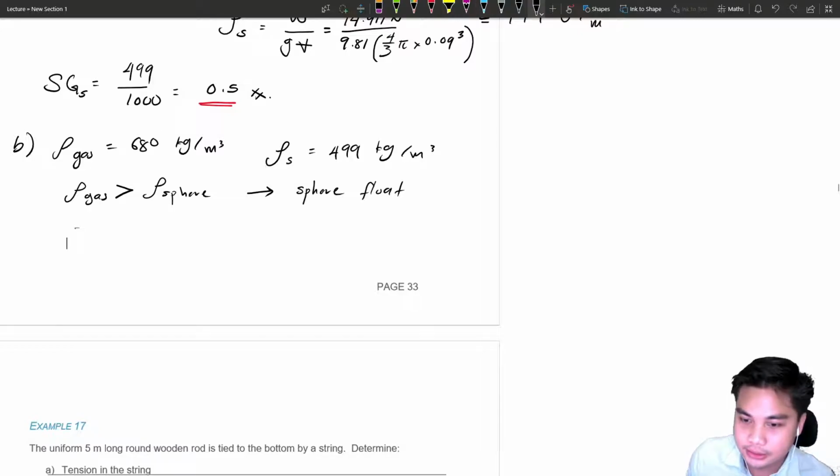So how do we get the exposed volume? We are going to use the ratio.